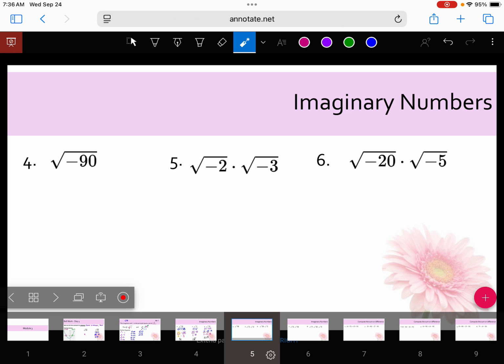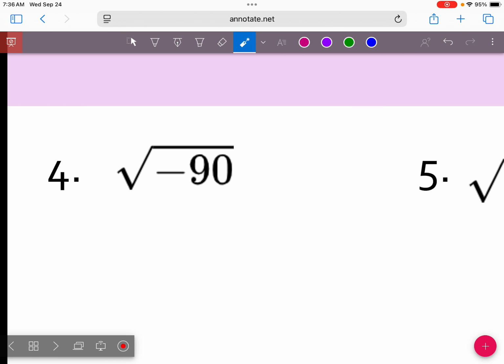We've got negative 90. Try to do our square root of negative 90. So here we're going to break this up again. I'm going to have my negative 1 times, how can I break up 90?